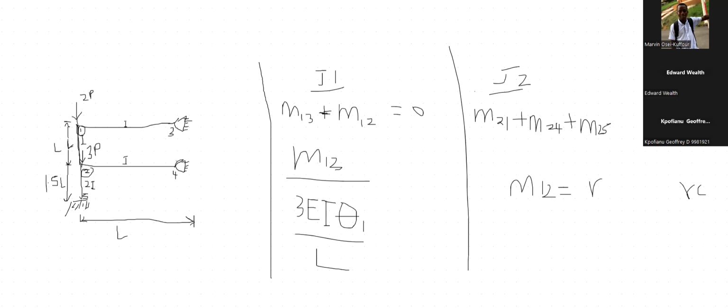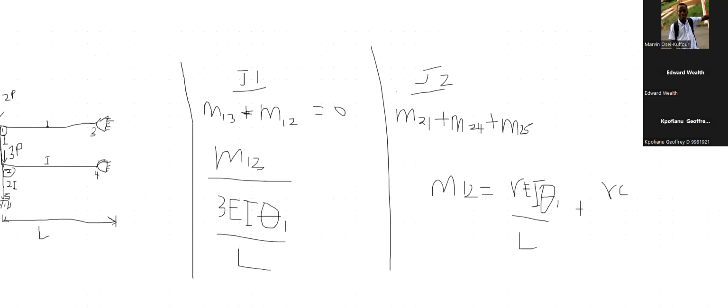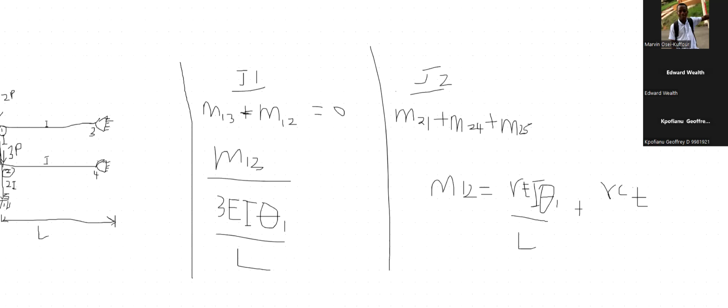So you have REI theta 1 over L plus RC EI theta 2 over L. Are we okay with it?